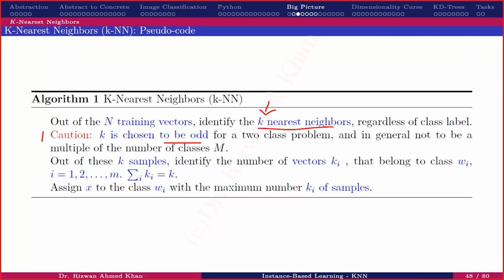If we have an even number, we could get a 50-50 result, then we will not know which is the winner class. Out of k samples or k nearest points, identify the number of ki vectors that belong to class wi. Again, we are trying to find which is the majority class in the neighborhood and assign that wi class to this test query vector. That is simply formally saying the same thing which we did last week.